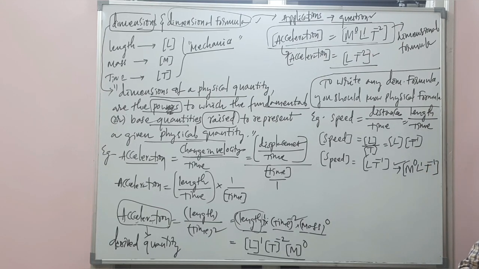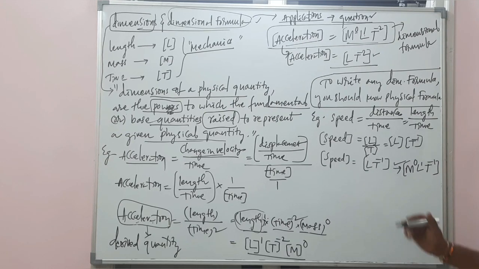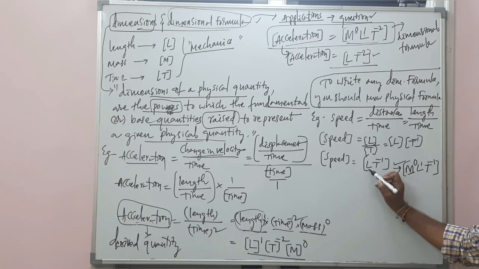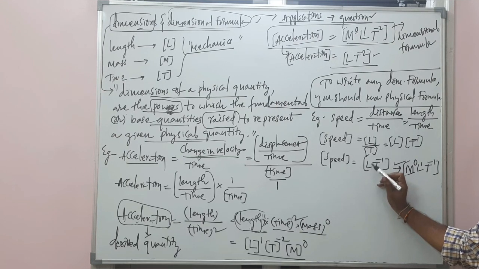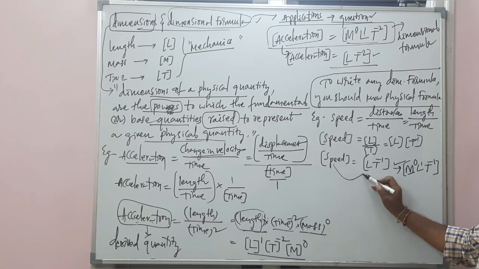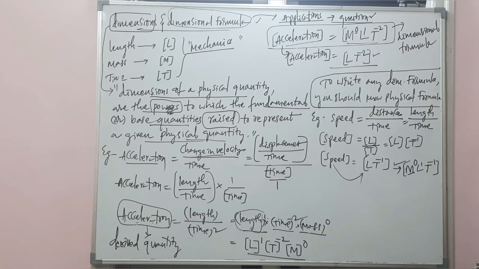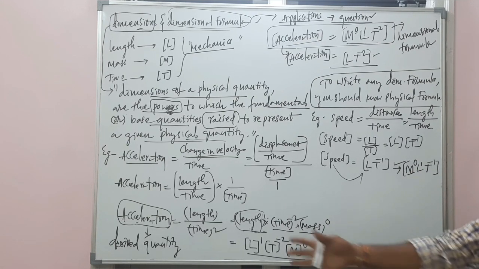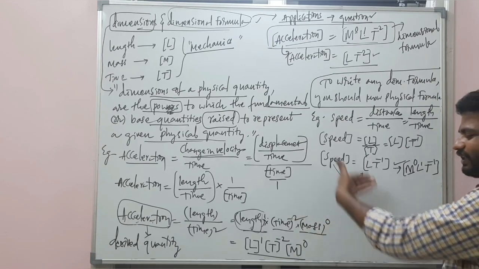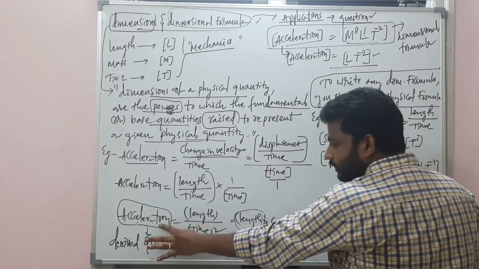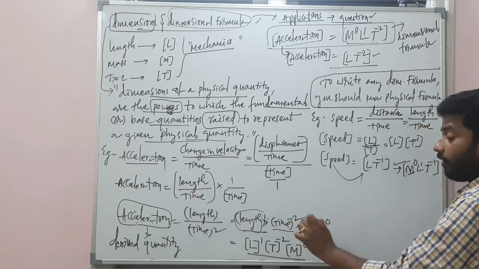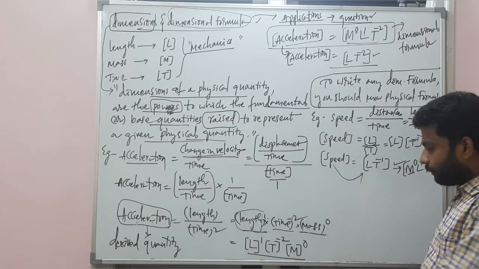You know what exactly is meant by M to the power 0? M to the power 0, or no mass expression here, indicates that speed is independent of the mass. It depends on the length and time. In acceleration also you can see there is no mass, which means the acceleration of an object is independent of mass.